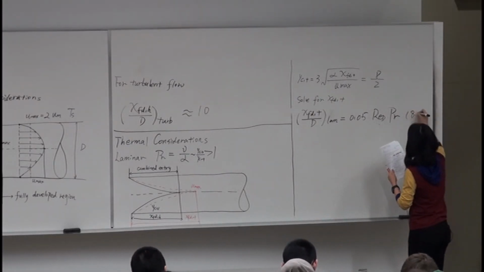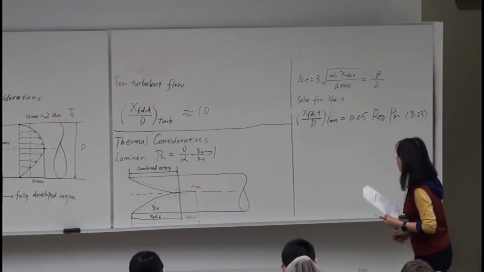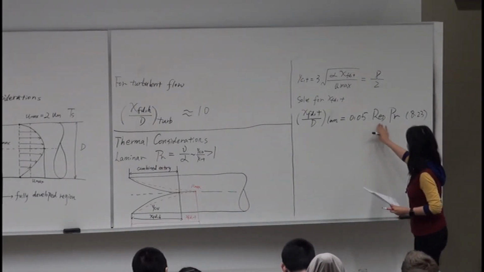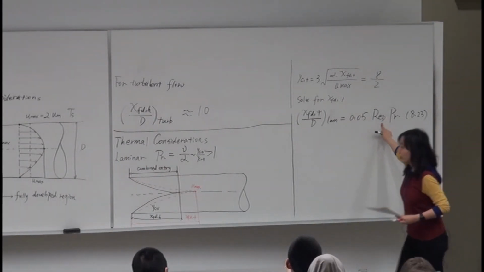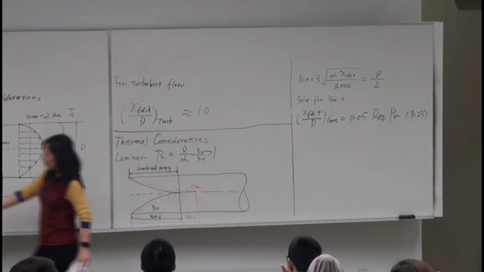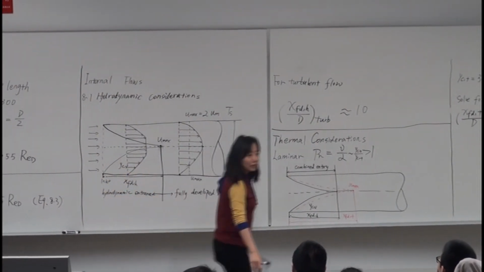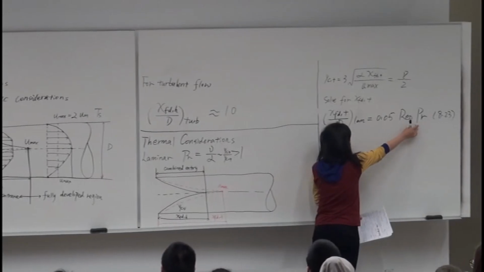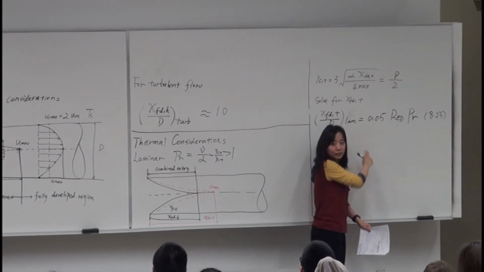This is given by equation 8.23 in our textbook. Here is the 0.05 Reynolds number. That is our hydrodynamic entry length. Then connected with the Prandtl number, we get our thermal entry length.